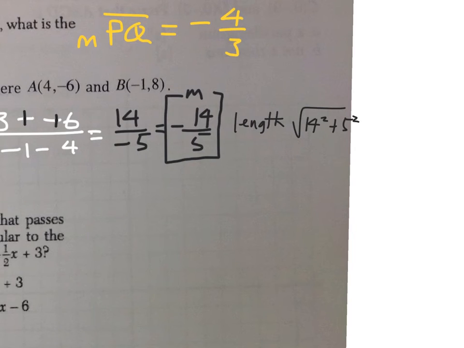So 14 squared plus 5 squared brings it to 221, and that would be the length, the square root of 221. That would be the exact length. If you typed it into the calculator, you could get a rounded answer of about 14.9 spaces long.